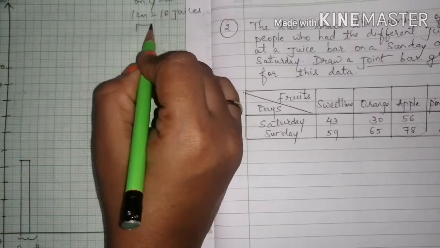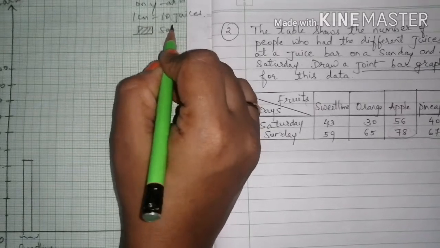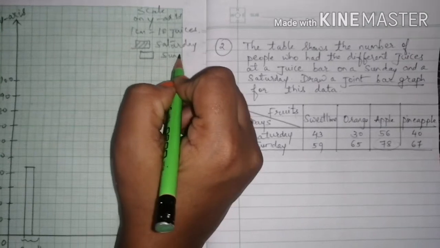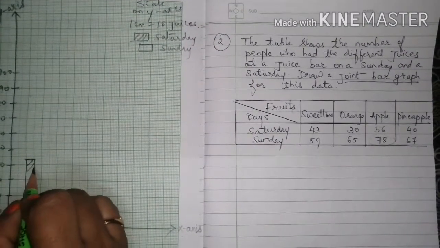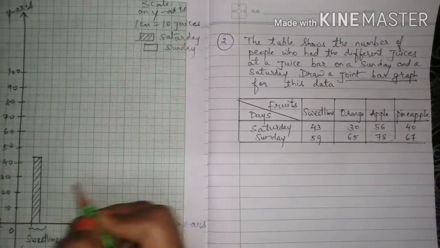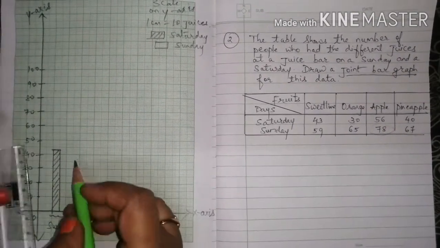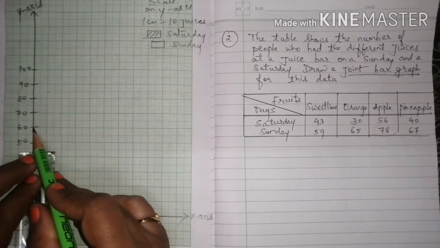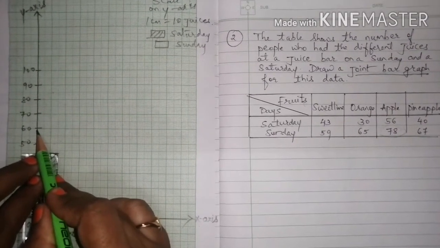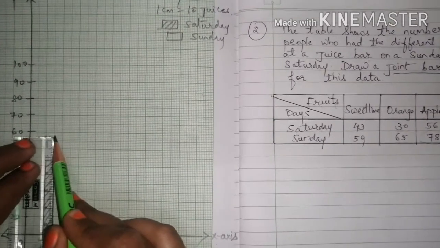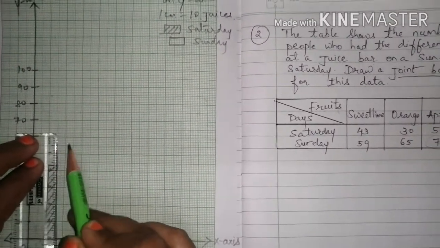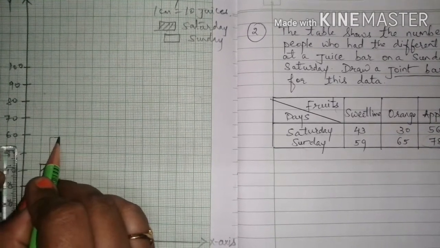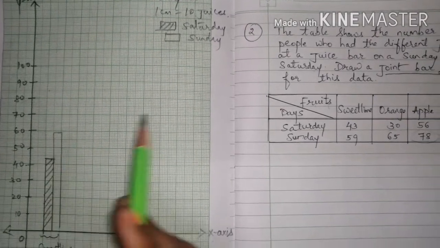And this one is of Saturday, the shaded one, and the unshaded one is Sunday. So this we have shown of Saturday, so I'll shade it. Now Sunday, how many? 59. 59 means 50 and above that 9 boxes. So here. So this is sweet lime, 59 people.